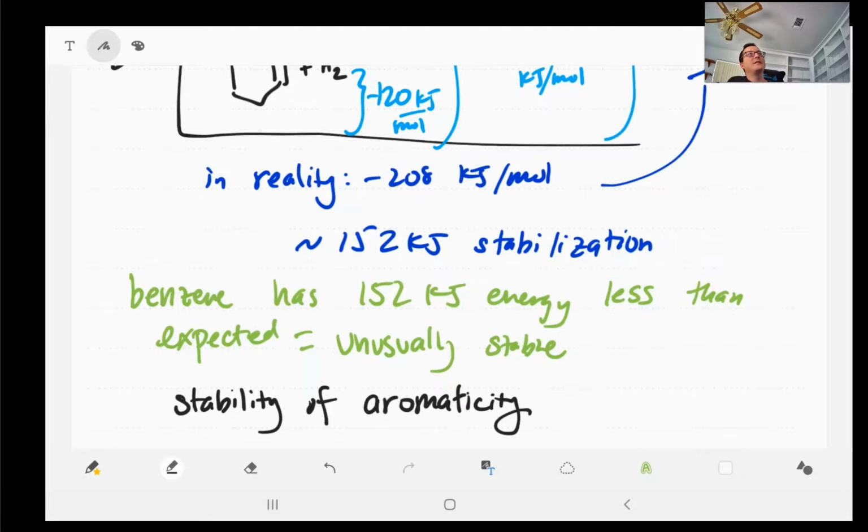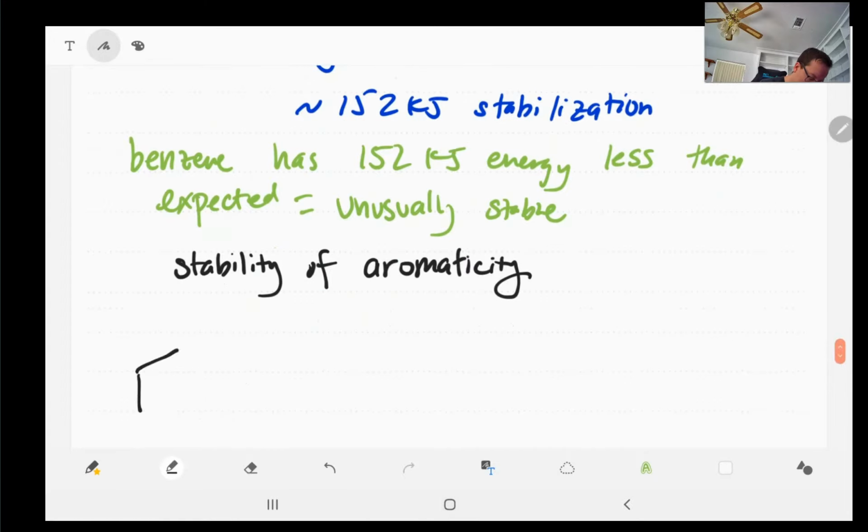In terms of things that smell, aromatics that we might be familiar with include cinnamon. Cinnamaldehyde is the primary flavoring and smell compound in cinnamon, and that is this guy. So it has that aromatic group.